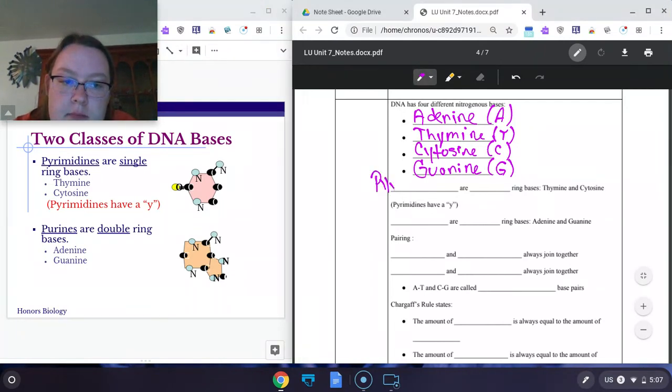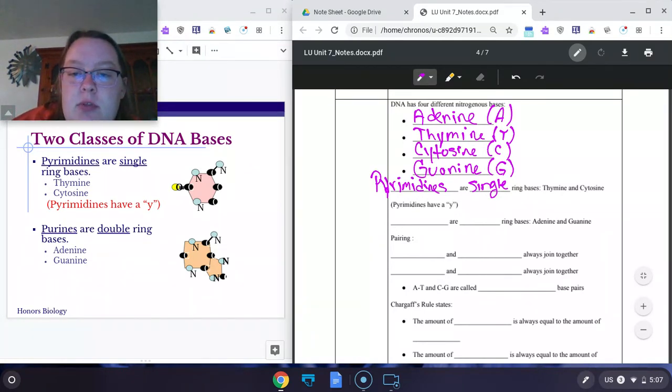Pyrimidines are single ring bases, meaning they only have 1 ring.